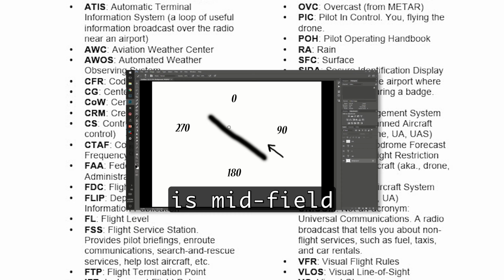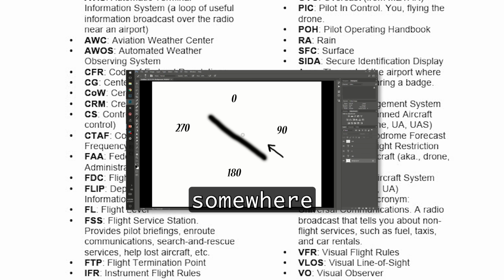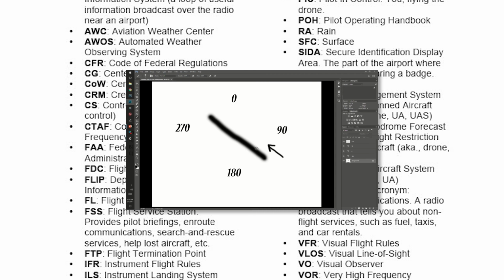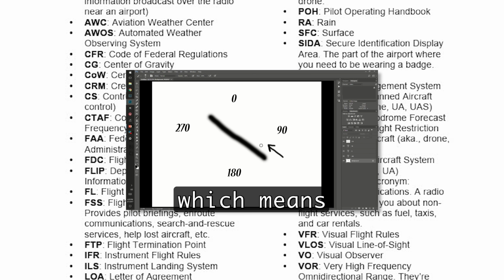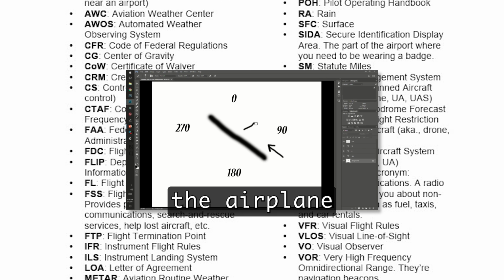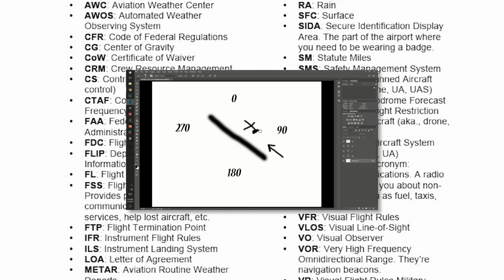It's midfield, so it's in this area somewhere, and to the left of the runway is relative to facing upwind. So you're facing this way, which means your left is over here and your right is over here. So now we know that the airplane is right about here.